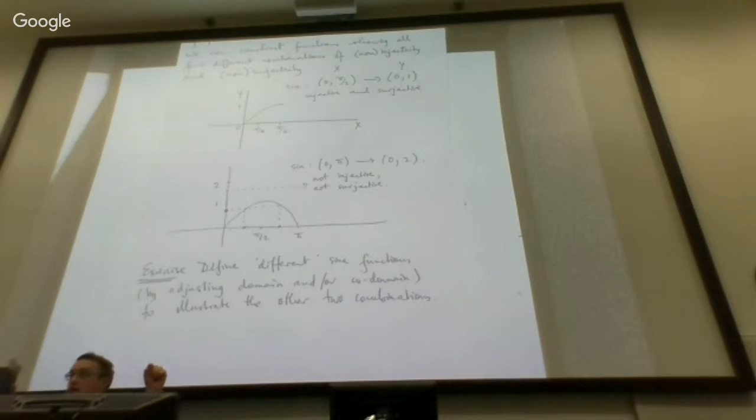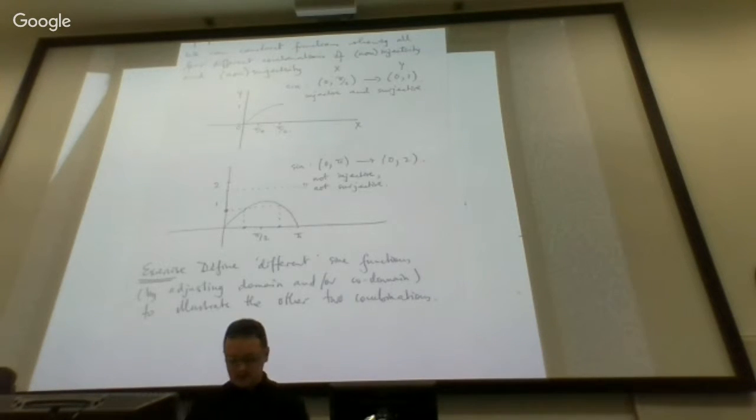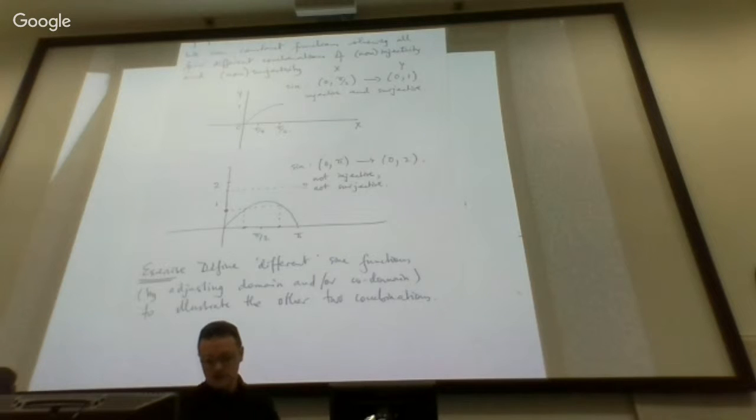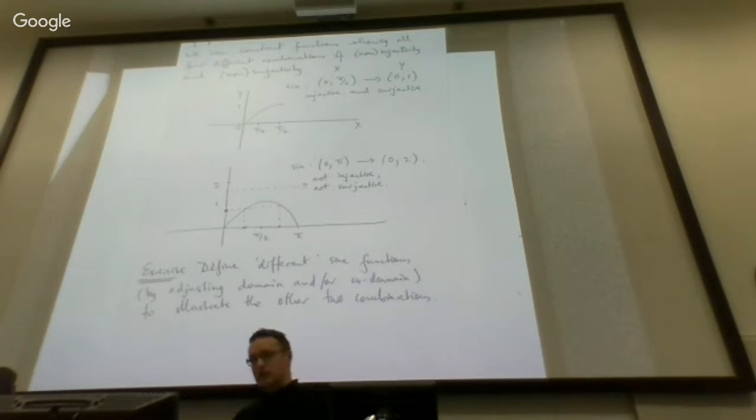They never display 2-to-1, or worse, 3-to-1, 4-to-1. The bijective functions are considered to be the most well-behaved functions, and there's a strong consequence of that, which we'll see shortly. The bijective functions are the functions which have inverses.